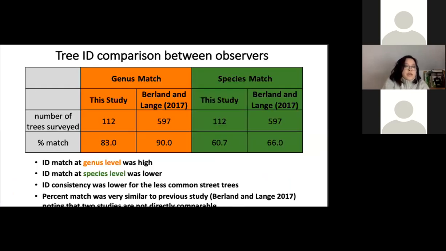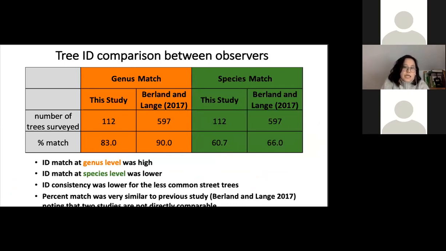So with that initial work, we were able to complete our pilot study. While this was a small study with just 2 observers and 100 tree sites, it provided important information about how to improve the survey. Here I show the consistency of tree ID between observers.